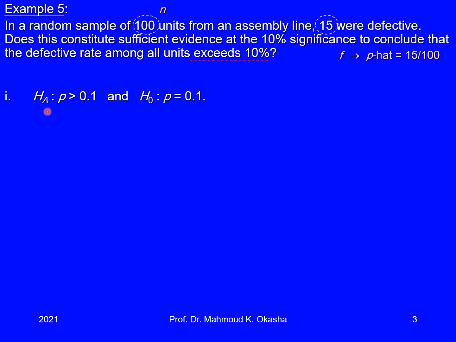That means the alternative hypothesis is p is greater than 10%, which is 0.1, because we mentioned that the null hypothesis usually uses the equal sign. So the null hypothesis is p equals 0.1, and the alternative hypothesis is that p is greater than 0.1. We put the thing which we want to prove in the alternative hypothesis.